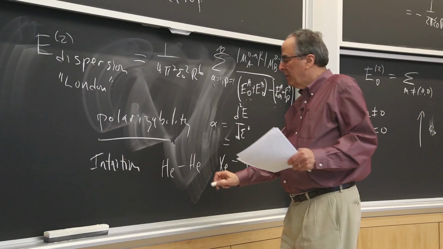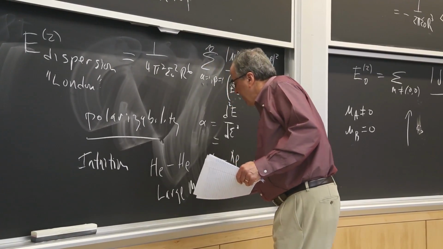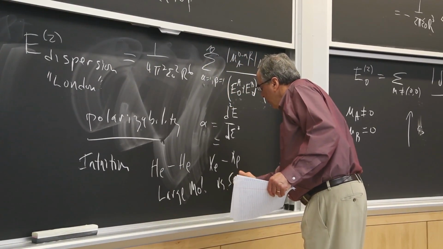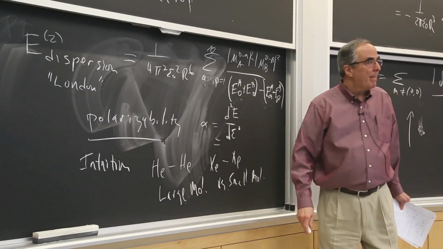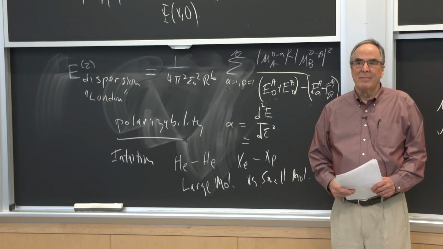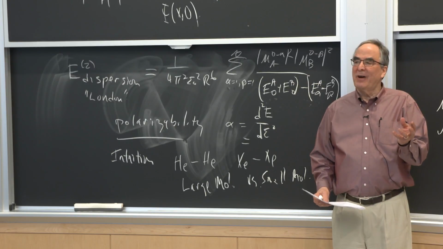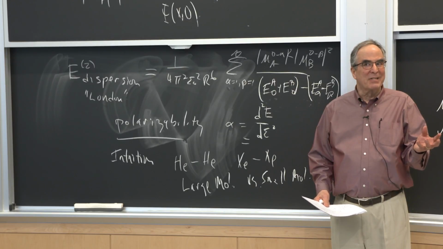Okay, what about large molecule versus small molecule? Do I need to provide a hint? 3n minus 6.